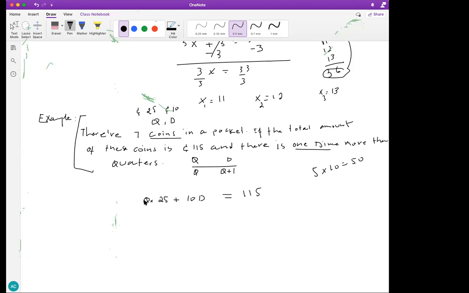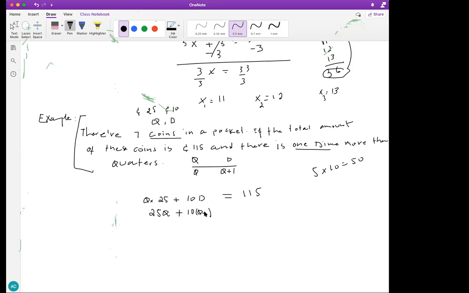So now we can do Q times 25, which is 25Q, plus 10 times D. D is the number of dimes, which is also expressed in terms of the number of quarters, so this will be Q plus 1. The number of dimes, we said, is whatever the number of quarters is plus 1. So we can replace D with Q plus 1.